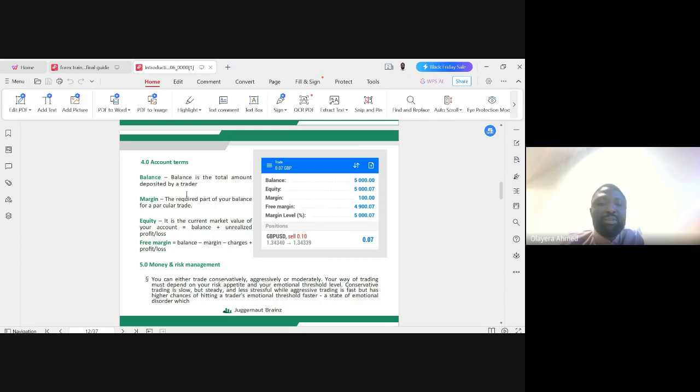The next one is the word margin. Margin is the required part of your balance for a particular trade. For every trade you enter, it's not all your capital that goes into the trade. For every trade you're about to enter, there's a particular value for that trade. Remember, you have leverage.